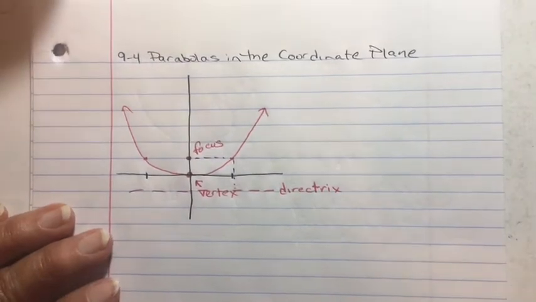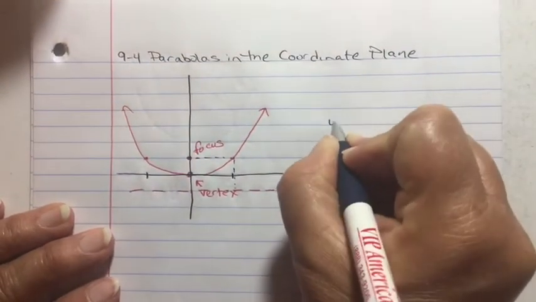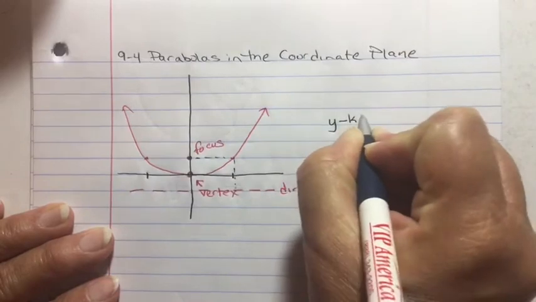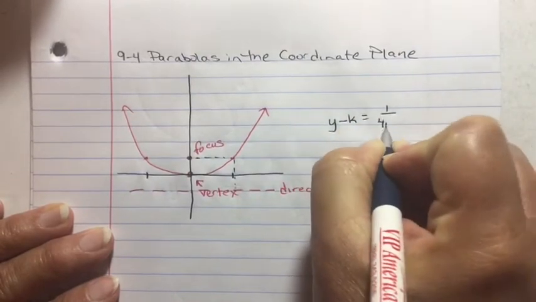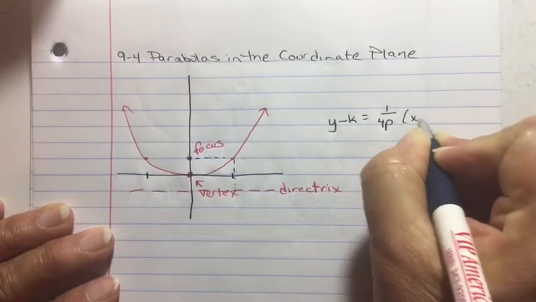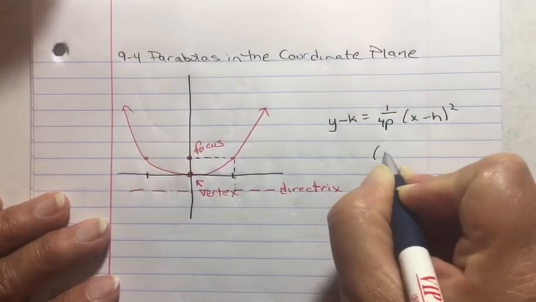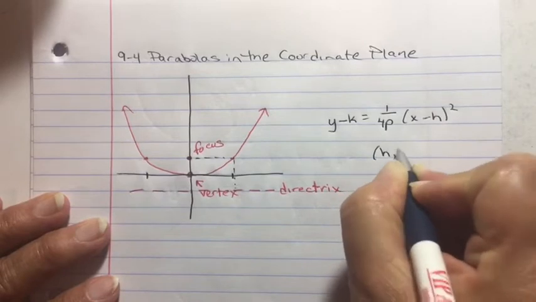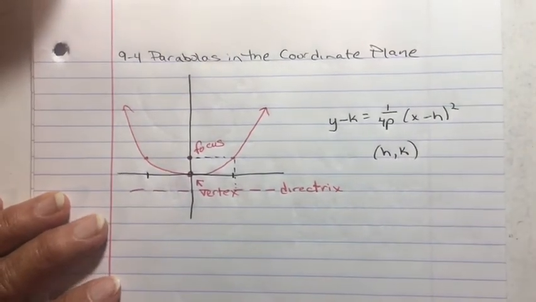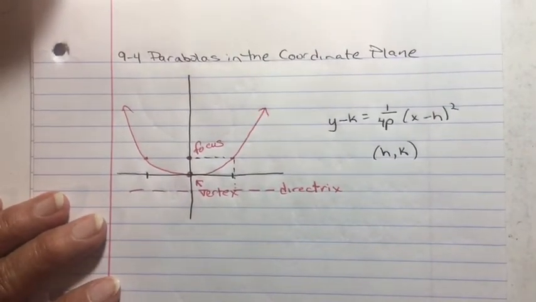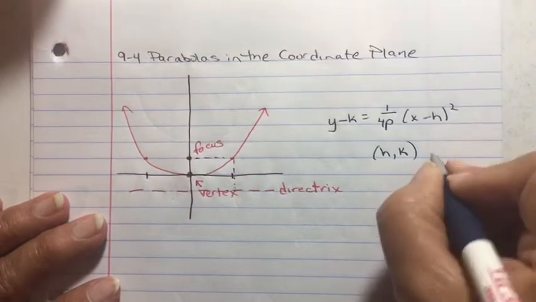There is a general form for a parabola that's y minus k equals 1 over 4p times x minus h squared. And in this case, (h, k) is the vertex.